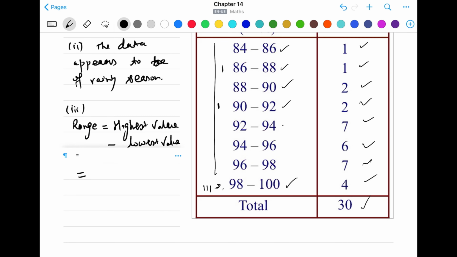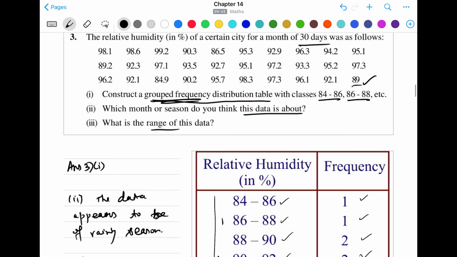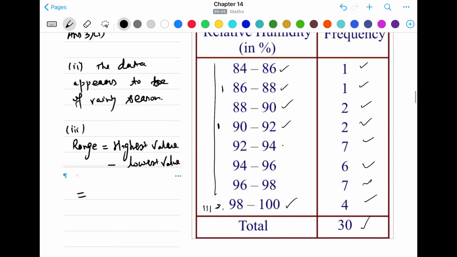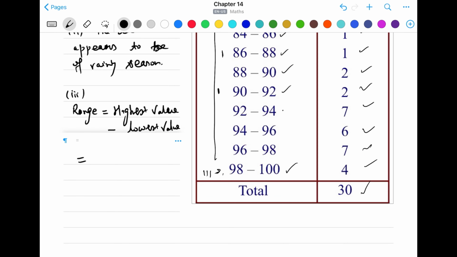So for this data, let's look at the data. The highest value we have is 99.2, this one, and look for the lowest value, which should be in the 80s. Here we have 84.9. So the highest value is 99.2 and the lowest is 84.9, and the difference of the two is 14.3. So that's the range of this data.